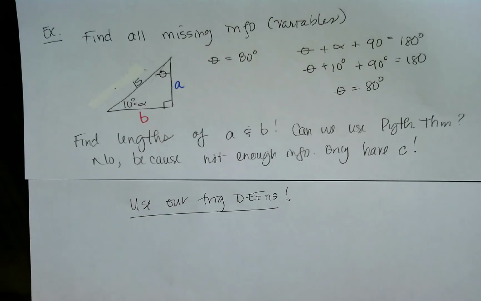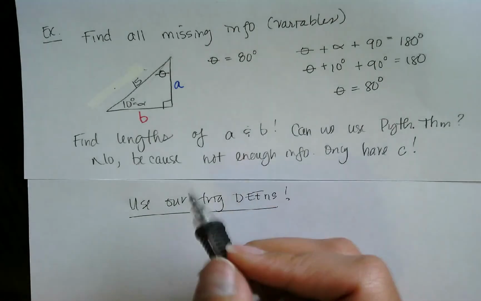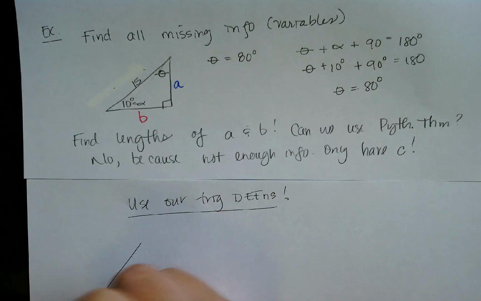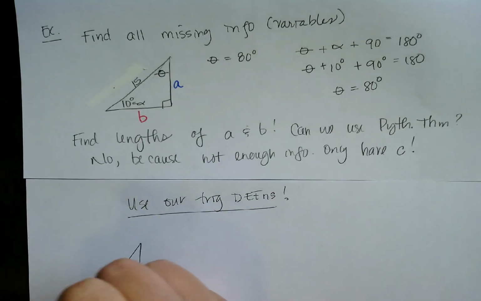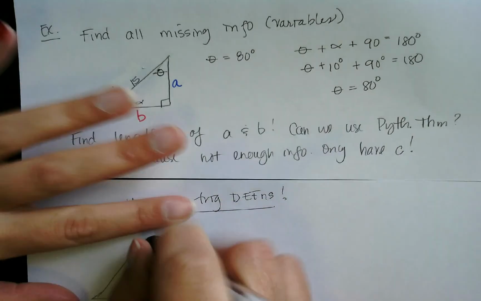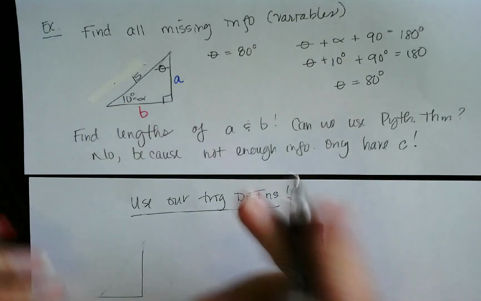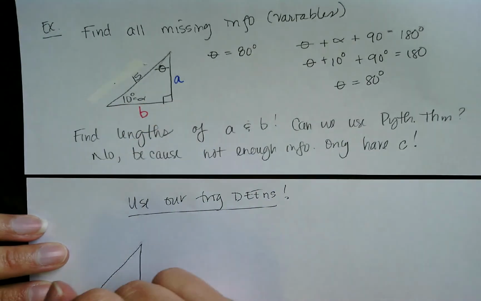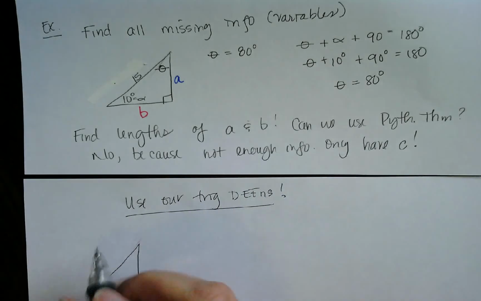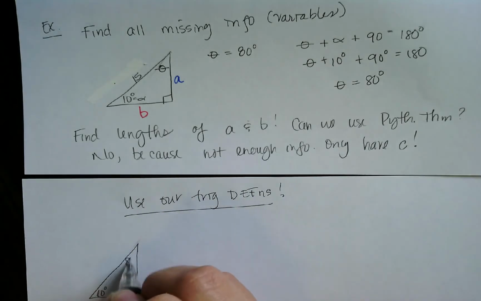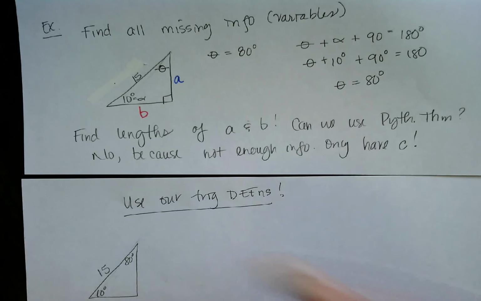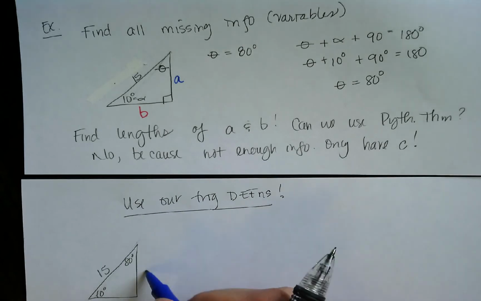So, I need to label some stuff. So I'm going to redraw my triangle. You can use either angle. So if here's 10 degrees, we know this is 80 degrees, 15, we have A and B.